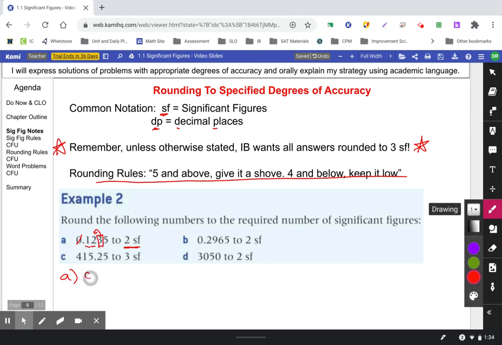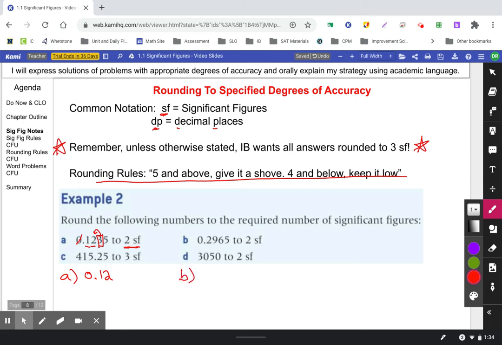Going to round to 0.12. And now that's correct to 2 sig figs. Notice that 3 and 5 just drop off. We don't want to put zeros there because that makes them significant then, right? Our trailing zeros after a decimal are significant. So we're just going to leave them off. They're not there. Let's go to part B.